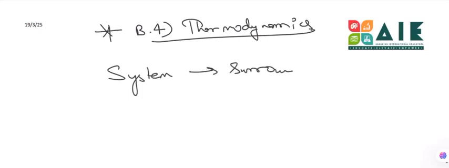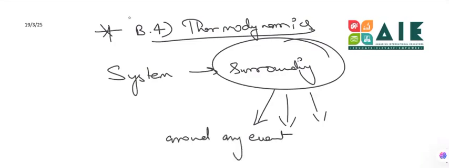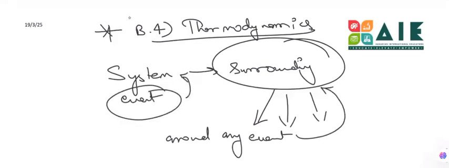If suppose this is system and this is surrounding, okay Akshita, then whatever we are observing around any particular event is nothing but its surrounding, and the event itself which is happening is the system.